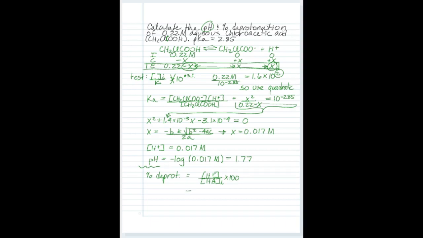So this is going to equal 0.017 molar over our initial concentration of HA, which is 0.22 molar, times 100. That equals 7.7%. So we can say that for every 100 molecules of our chloroacetic acid that we put into our aqueous solution, about 8 of those are going to deprotonate.